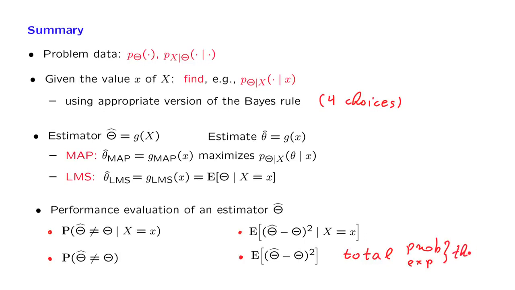And in that case, we can average over all the possible values of X to find the overall error. So all of the calculations involve tools and equations that we have seen and that we have used in the past. So it is just a matter of connecting those tools with the specific new concepts that we have introduced here.